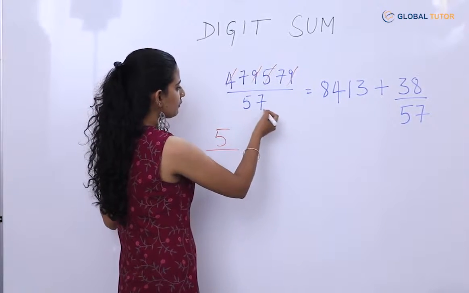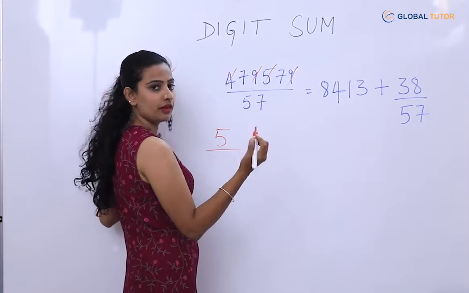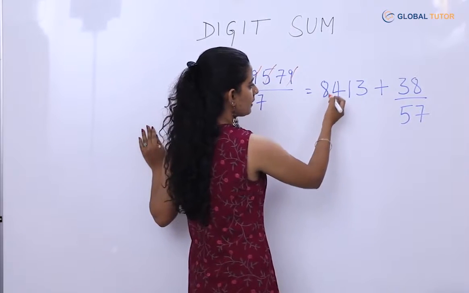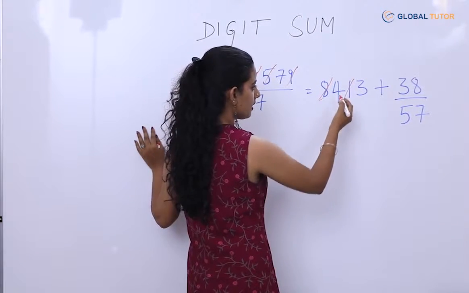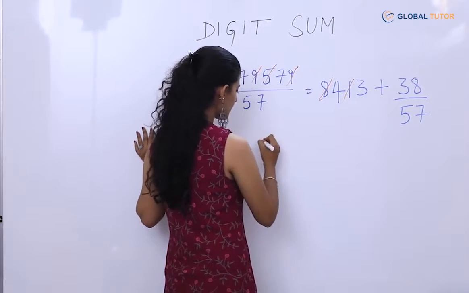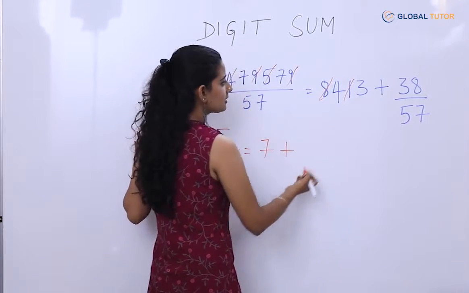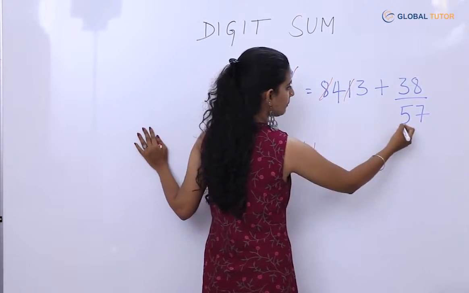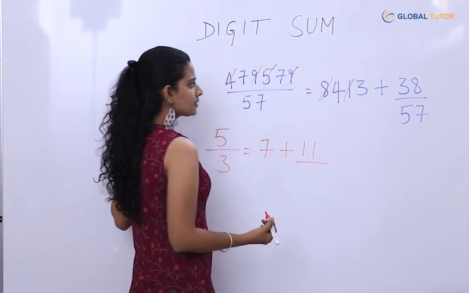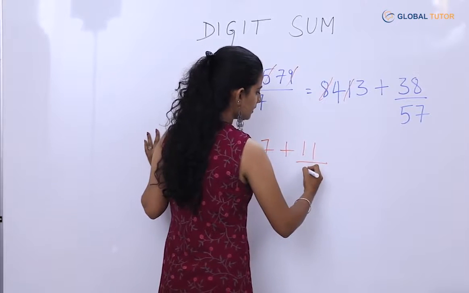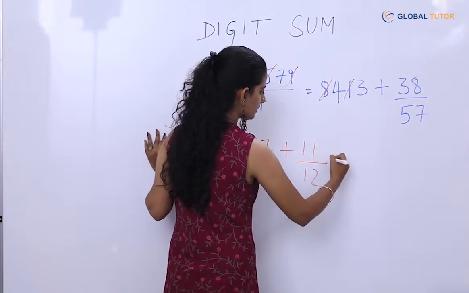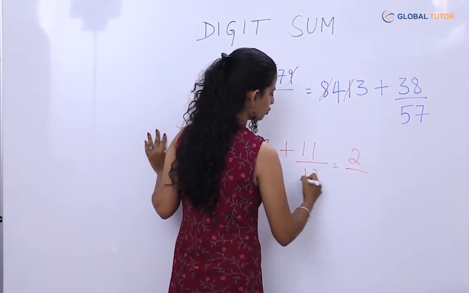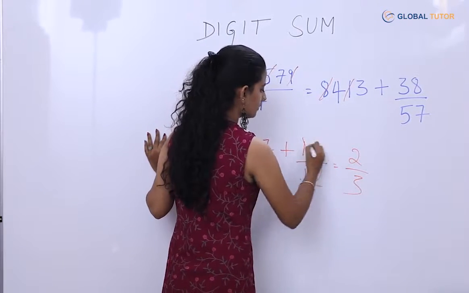So here 5 plus 7 is 12. 1 plus 2 is 3. On the other side, 8 plus 1 is 9, discard. You are left with 4 plus 3, which is 7. Plus 3 plus 8 is 11, divided by 5 plus 7, which is again 12. So write 12. So this is again 1 plus 1 is 2 and then 2 plus 1 is 3.